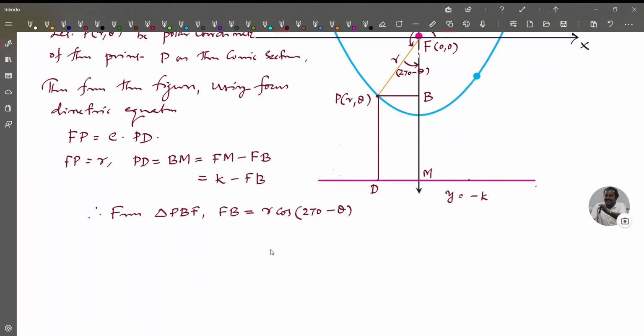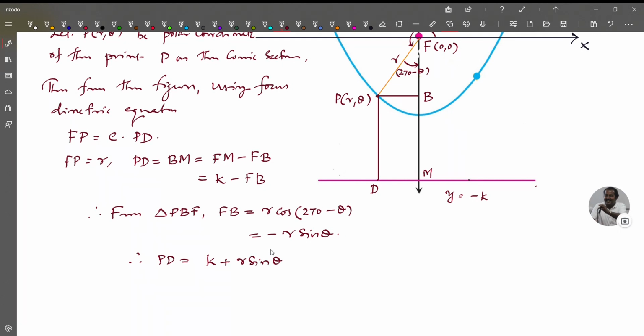So this is equal to minus R sin theta. Therefore, PD equal to K plus R sin theta.